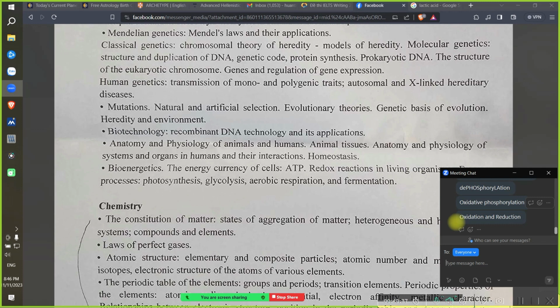Glycolysis has 10 steps, but I wonder if it would be possible to explain it all. Okay, so glycolysis, 10 steps, and then we have two main stages.